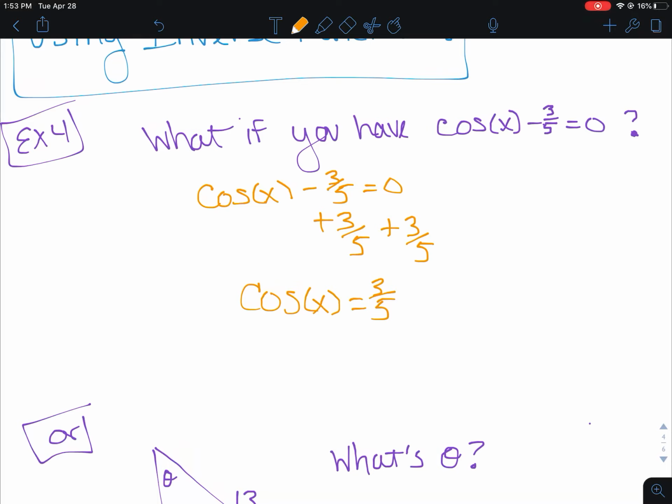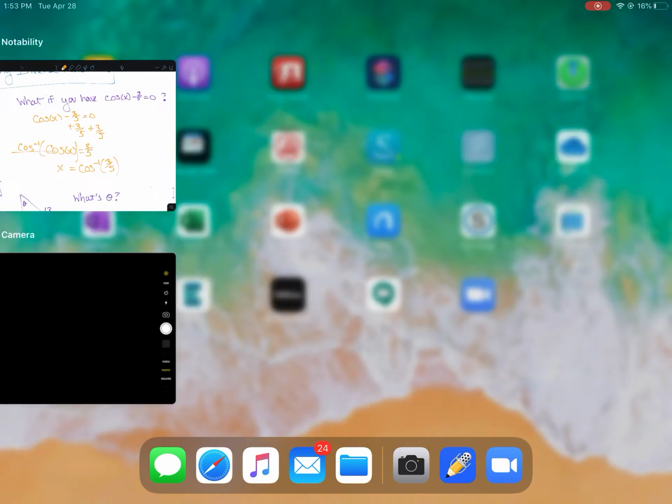You might have done this back in geometry. If we want to find the angle, we would have to use the function's inverse. So cosine inverse of cosine x, those functions cancel and just give us x. And then we'd be taking the cosine inverse of 3/5, right?